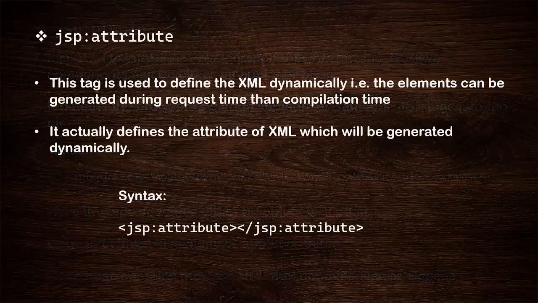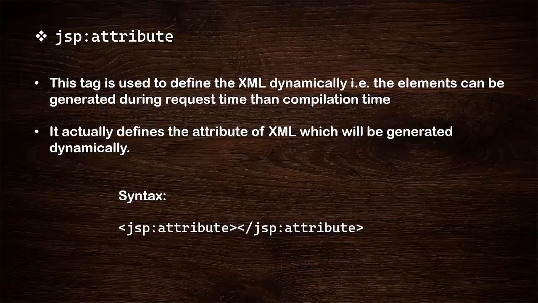Next we talk about jsp:attribute. This tag is used to define XML elements dynamically, i.e. the elements can be generated during request time rather than compilation time. It actually defines the attribute of the XML element which will be generated dynamically.